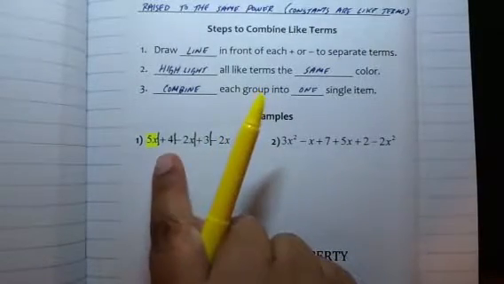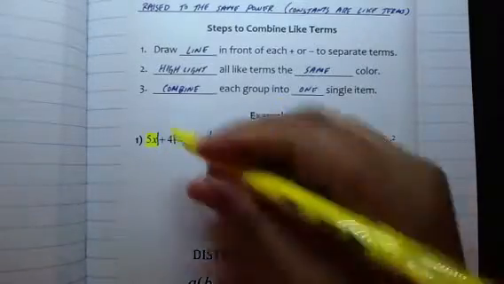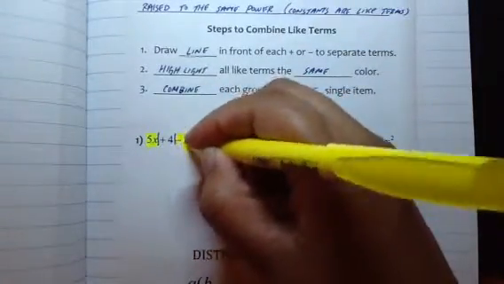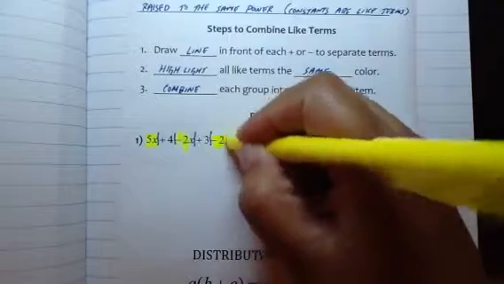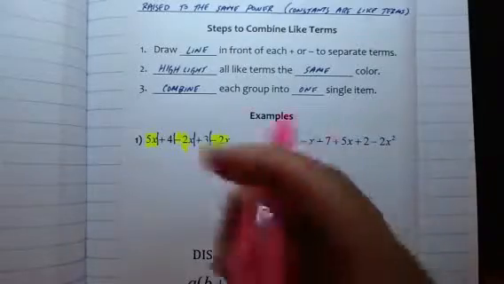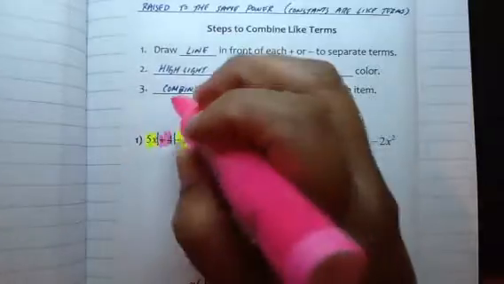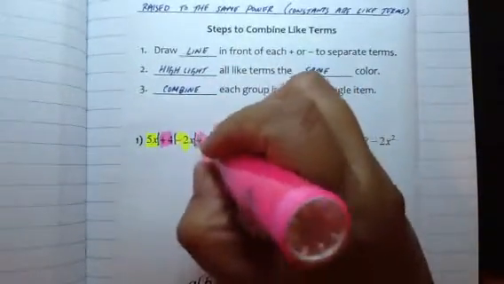So each line is in front of the positive or minus sign, the plus or minus. So I have another x here and another x here. Then I have two constants right here, don't forget the sign, and right here.